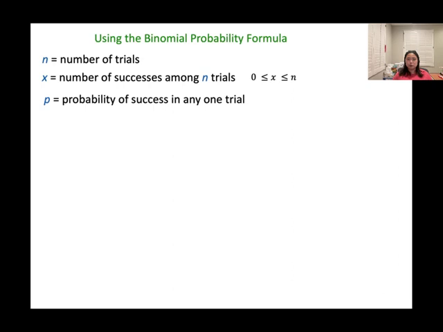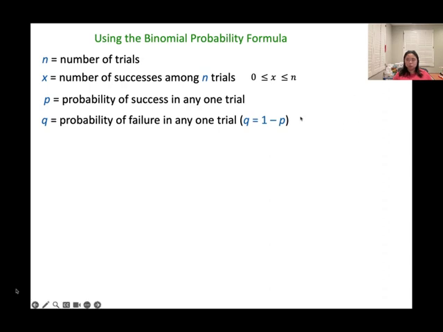P, probability of success in any one trial. Okay, we only have 2 outcomes, either success or failure. So like the example, we do have a 20% chance to get the free burger. So P will be equal to 0.2. Q will be the probability of failure in any one trial.